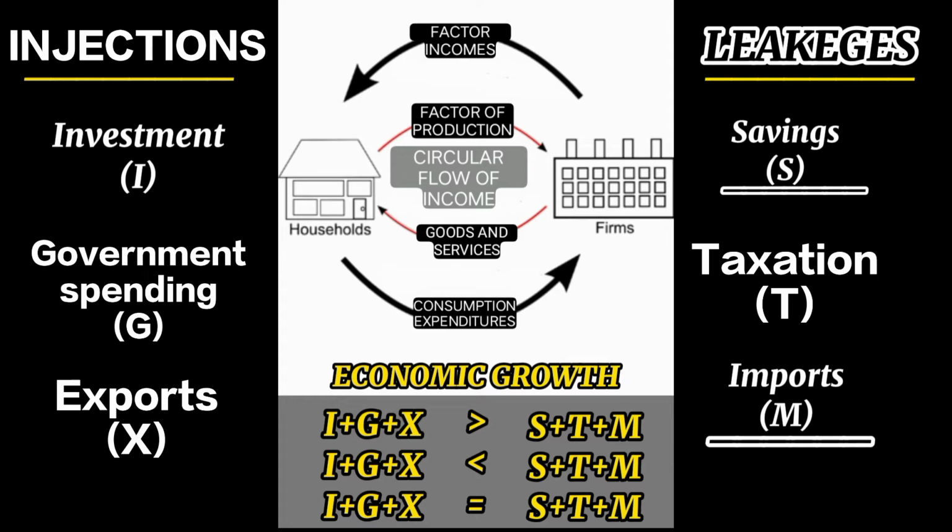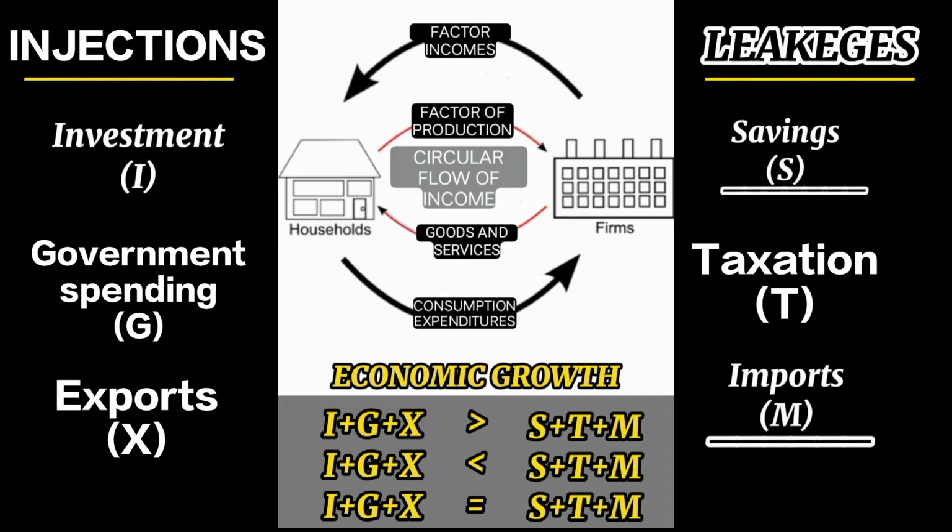If injections are less than the level of leakages, it means more money is going to be exiting our economy than is going to be entering it. Therefore, economic growth is going to be decreasing, and if the two are equal to each other, economic growth will neither be increasing nor decreasing.